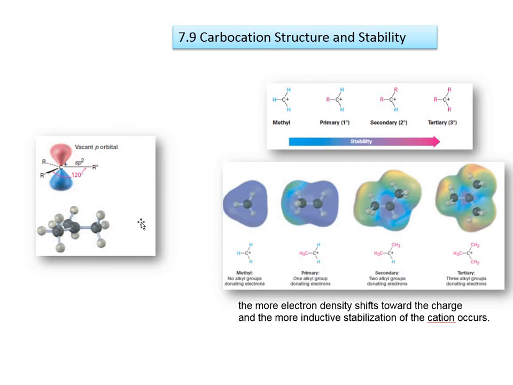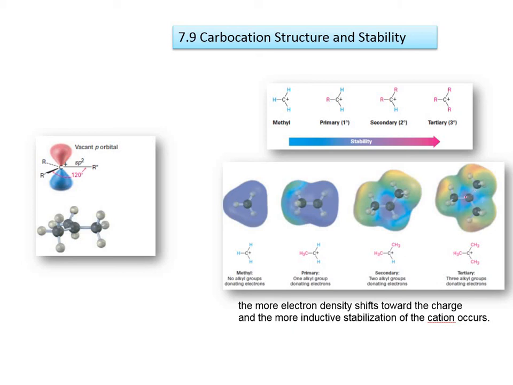How can we understand the stability? Basically, if you look at the electrostatic potential map of methyl, primary, secondary and tertiary carbocations, the positive charge density on carbon is less when we have a tertiary carbocation. Why is this the case? Because in the tertiary carbocation we have 3 neighboring methyl or alkyl groups.